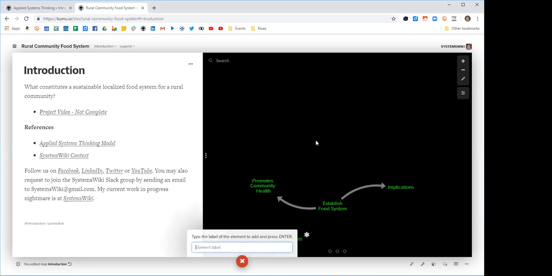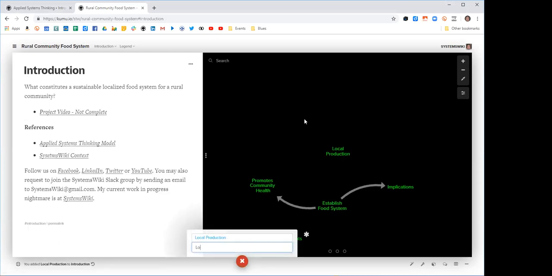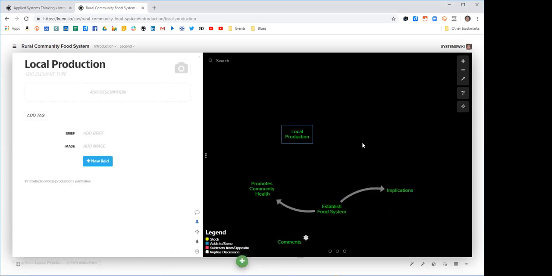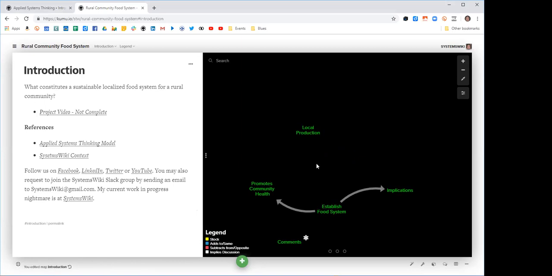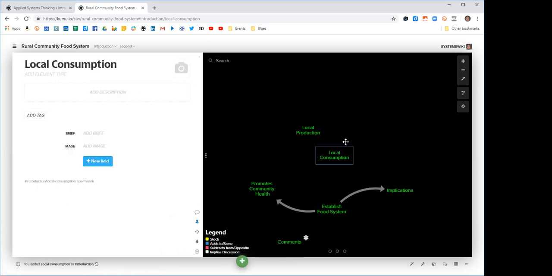So a food system should be demand driven. Okay, so we need local production based on local consumption.